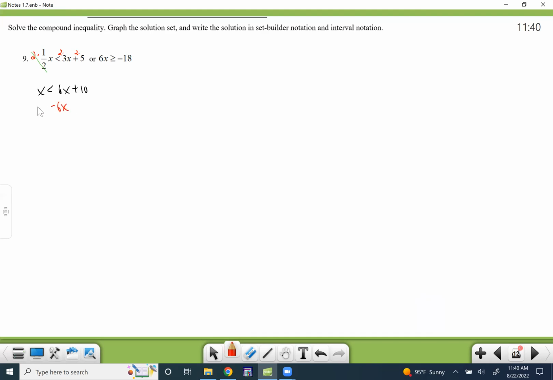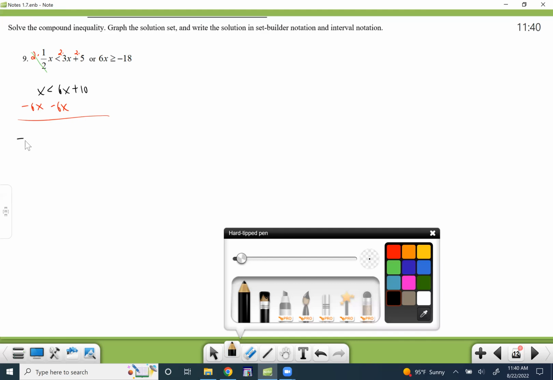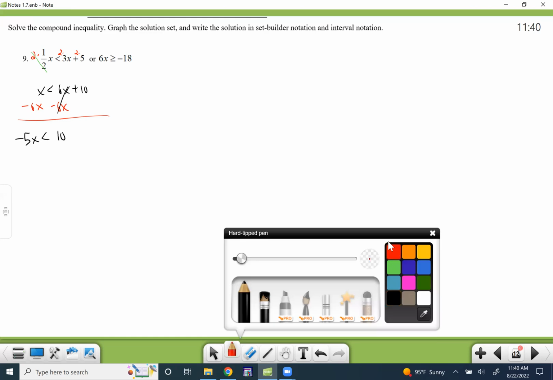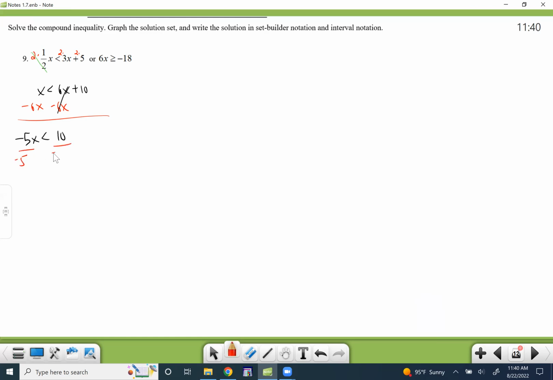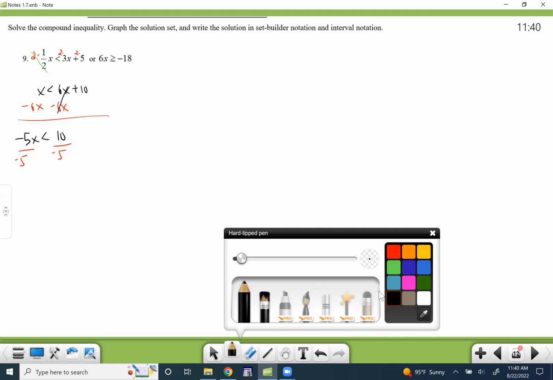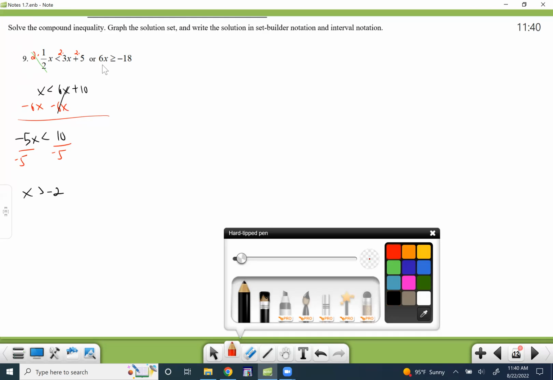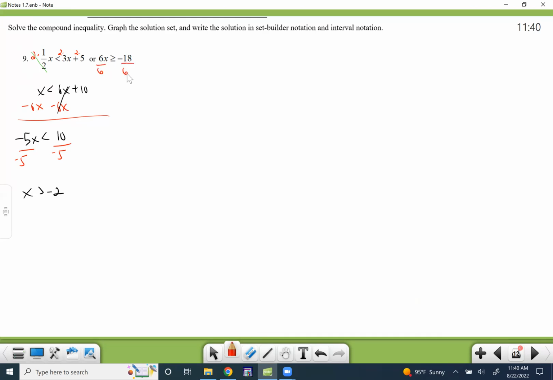So I'm going to move the x over to the left. We're dividing by a negative, so we must remember to flip that sign, right? Okay. And then we'll come over here and we'll do this one. Divide by 6.